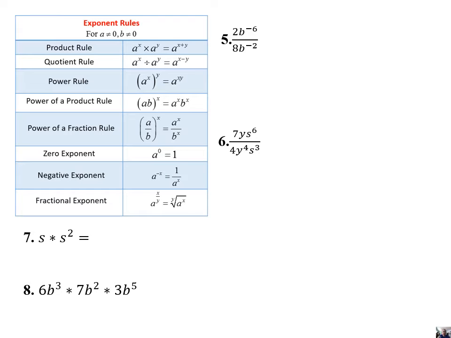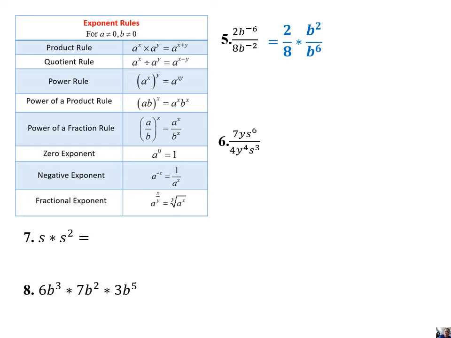Continuing, if you've got different factors, like we've got a 2 and a b to the negative 6 on top, 8 and b to the negative 2 on the bottom, separate them. So leave the 2 over 8 as one fraction that we're multiplying, and the b to the negative 6 and b to the negative 2, they just need to switch sides of the division bar.